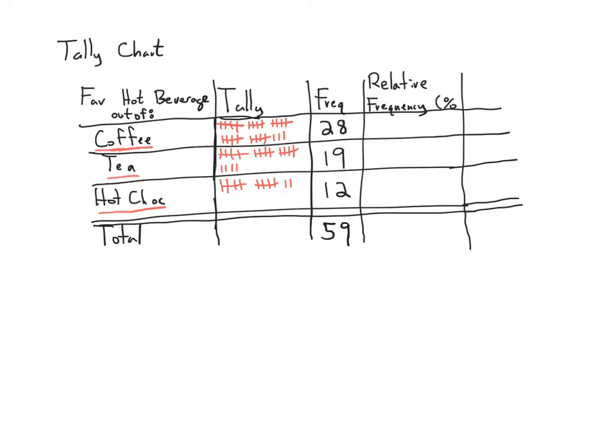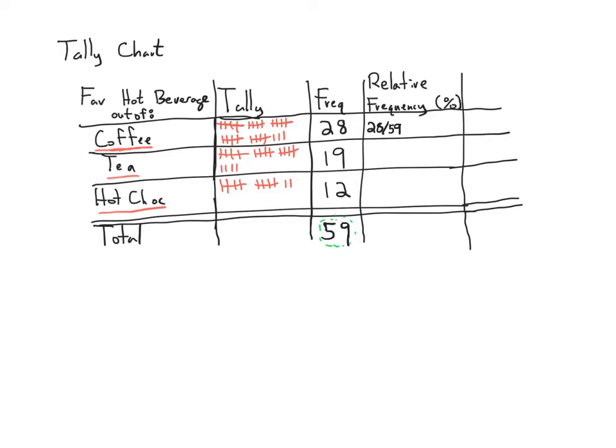And then the relative frequency is just the percentage in each category. So we know there are 59 students in total, so I need to figure out what 28 over 59 is, and then convert that to a percentage. So I'll figure out that as a decimal, and then multiply by 100%.